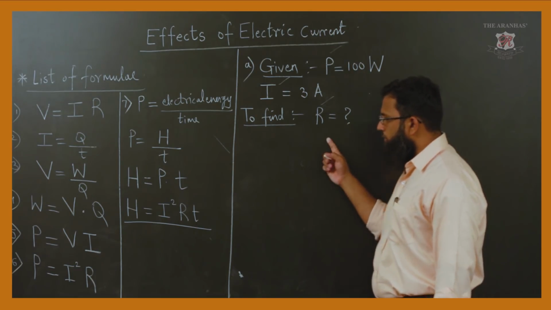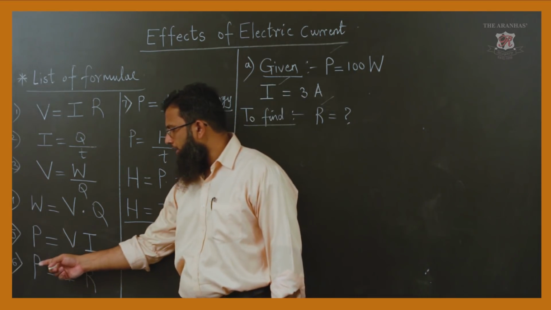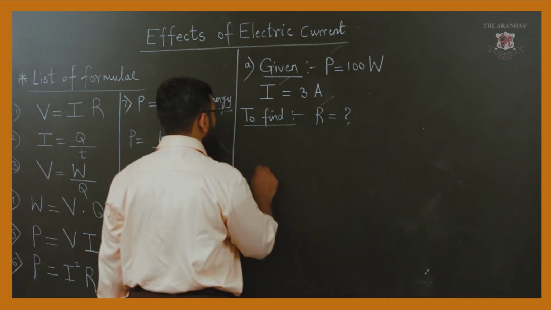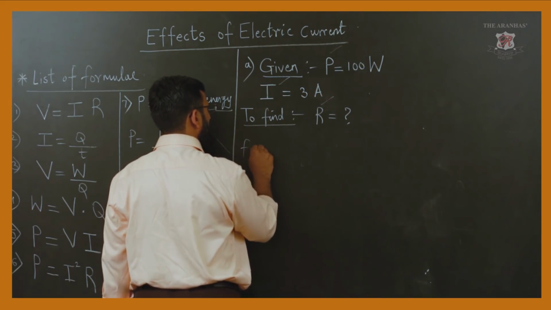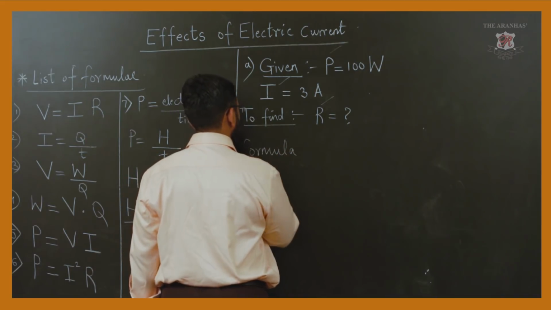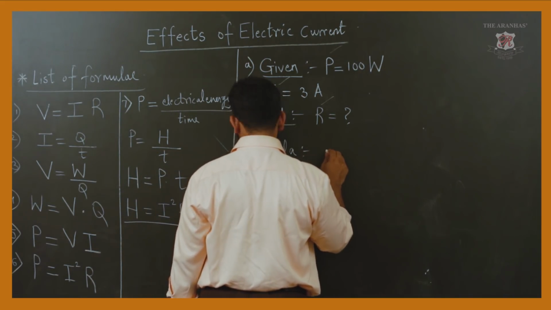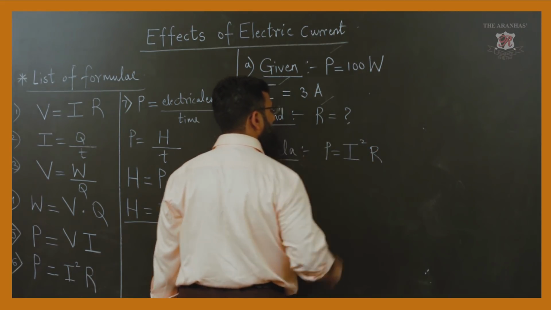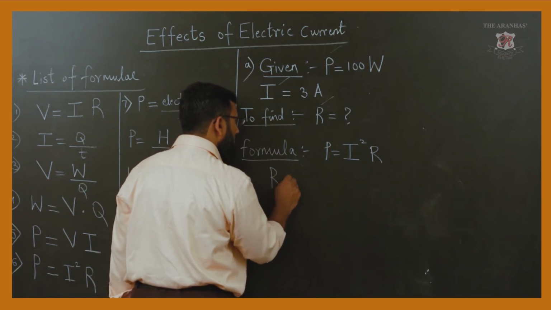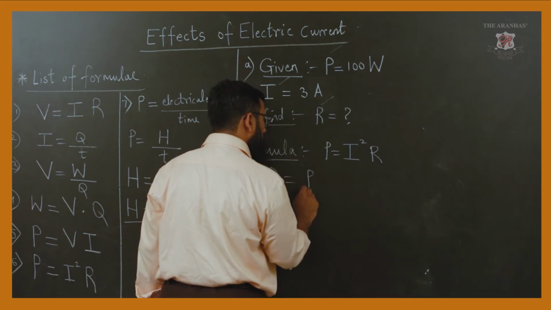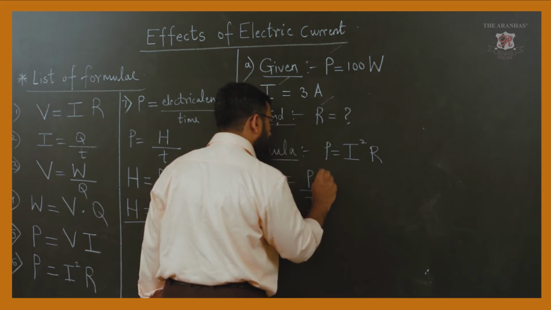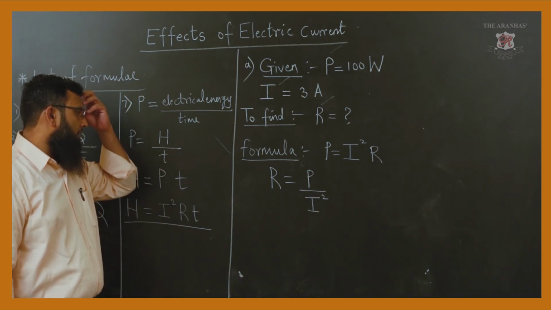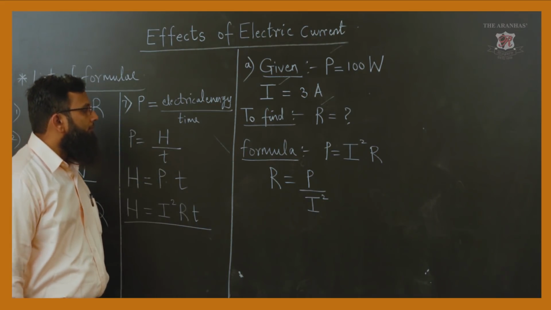So, we can use the formula P equal to I square R. This formula which is applicable over here is P is equal to I square R. So, then R will be P upon I square. So simple. So, in this case R is equal to P upon I square.